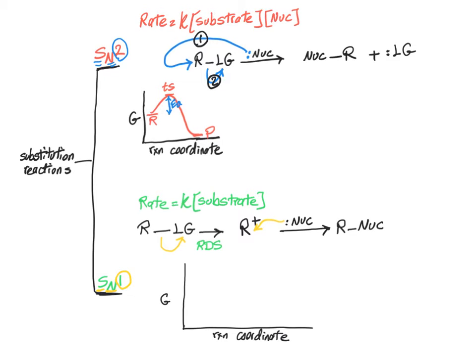And this is the energy diagram for the SN1 reaction with 2 steps. This is the free energy of reactants. At the end, we have the free energy of products.